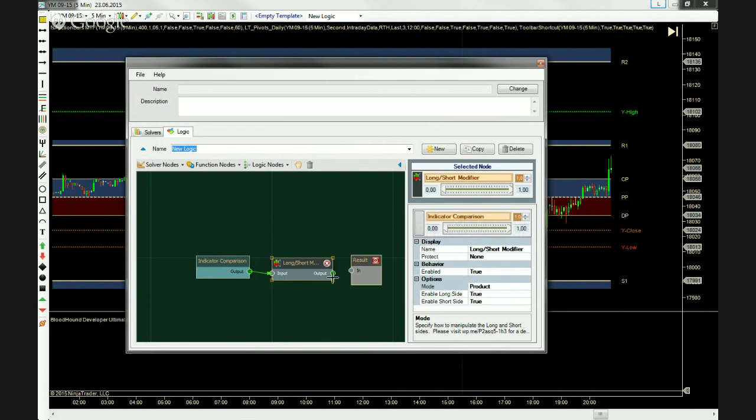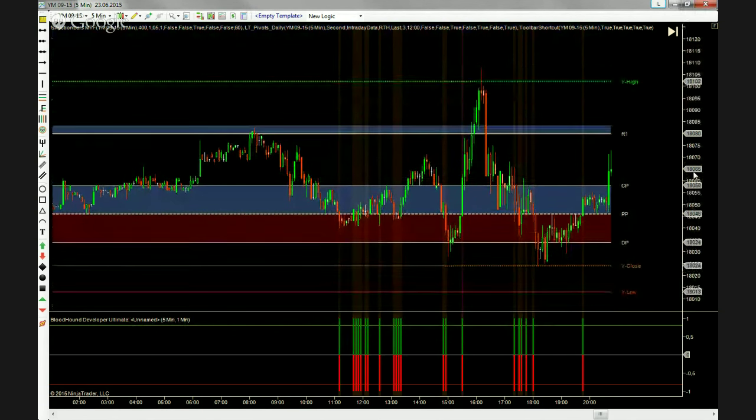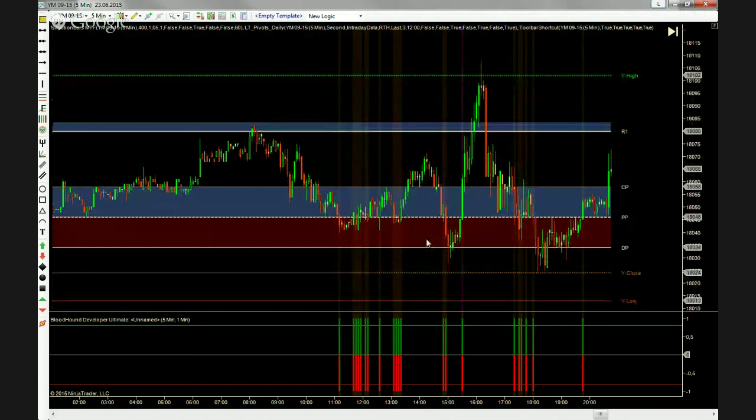And so if we had hooked this up, now it's just telling us of the price bars that are straddling the pivot point. And of course, we can widen this out to focus on the pivot range, so the area between the directional pivot and the central pivot. But for this purpose, we'll just keep it simple.